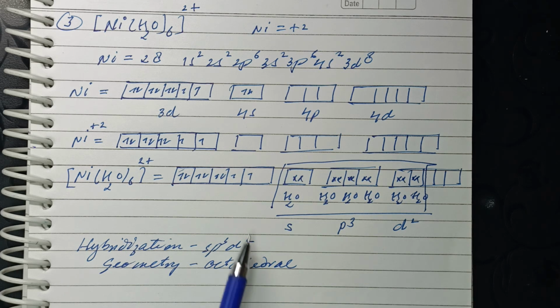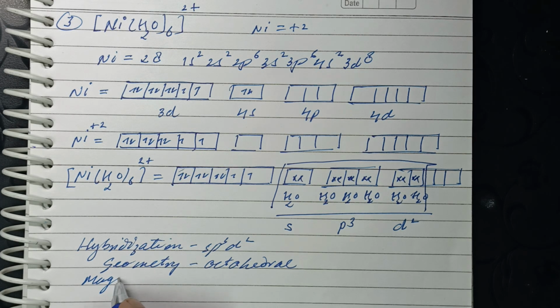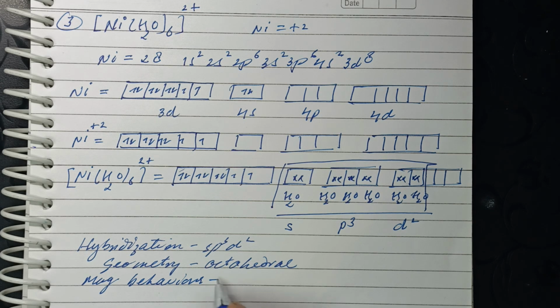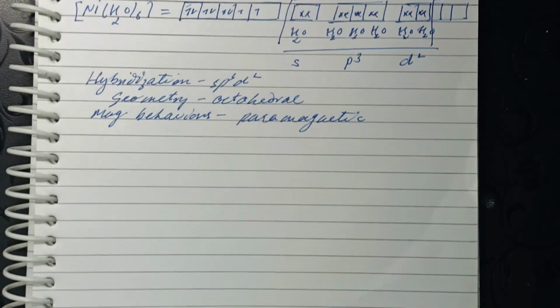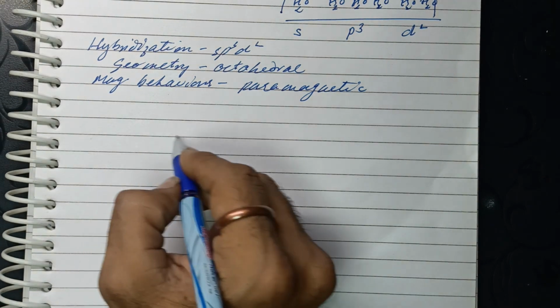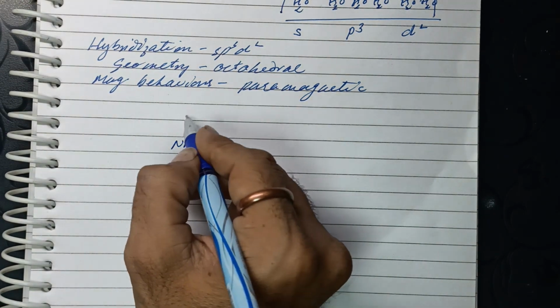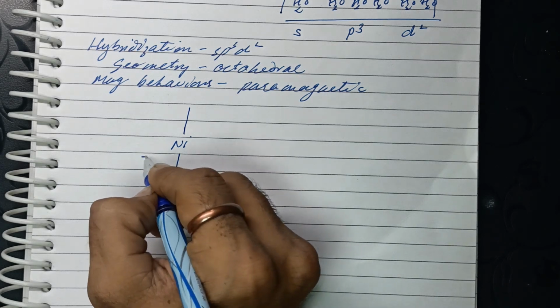And magnetic behavior: as you can see, it has 2 unpaired electrons, therefore it is paramagnetic. And now the structure. It is octahedral.